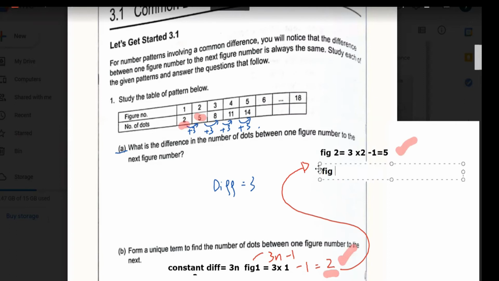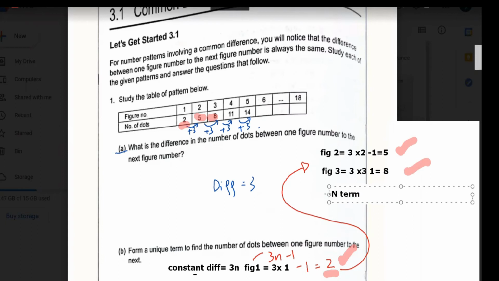So I go to figure 3. Figure 3, I have 3 times 3, because n is 3, following our figure number. After that, I minus 1. What I have next is 8, which is also correct because here is also 8. So yes, my n term is confirmed: n term equals 3n minus 1.